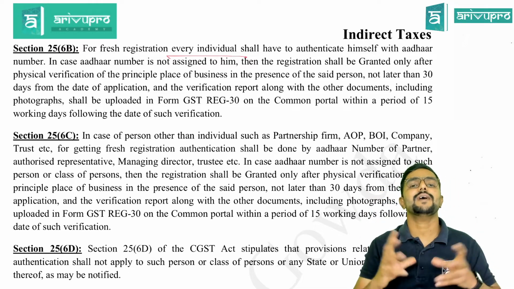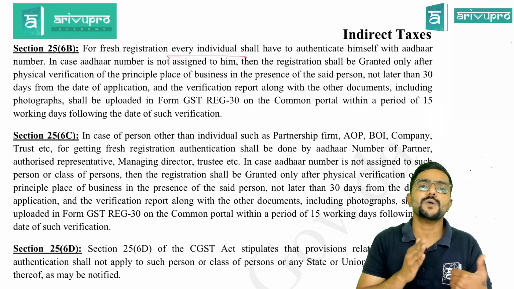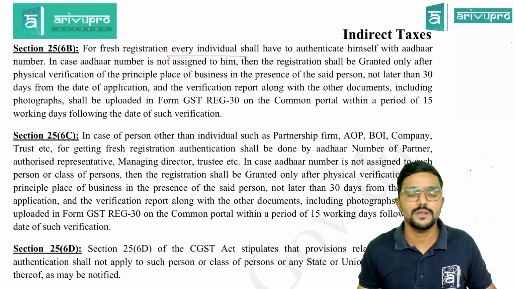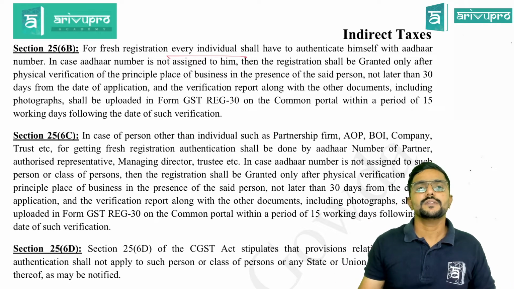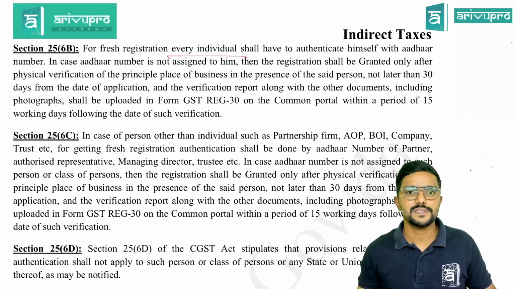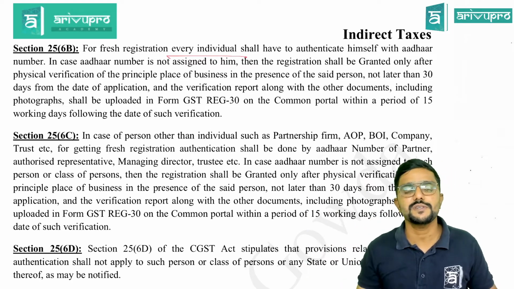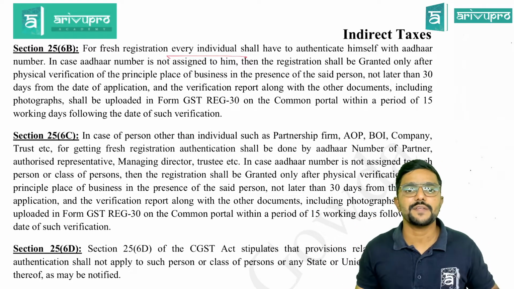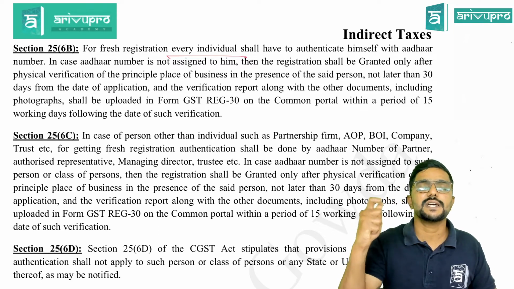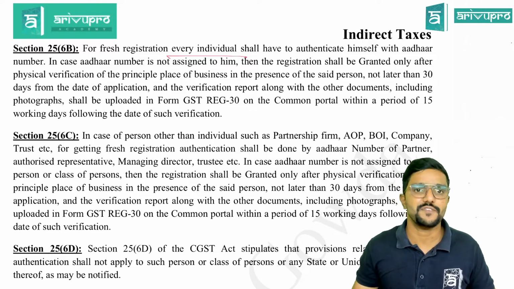If you don't have Aadhaar, or there are practical scenarios where people are not able to authenticate their Aadhaar because they are not getting the OTP on their mobile number, in that case the proper officer will physically come and verify your place of business within 30 days of you applying for registration, and once he physically verifies, he has to report along with other details in REG 30 on the common portal within 15 days of conducting the verification.